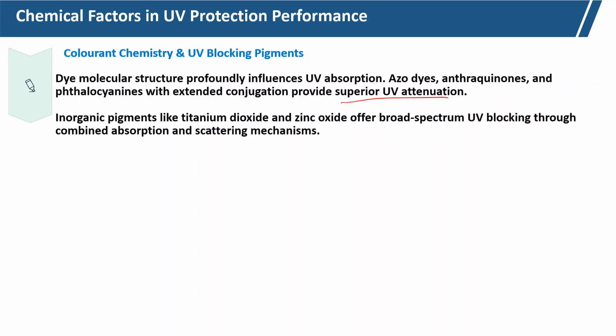So, different types of dyes will improve the UV protection, and also inorganic pigments like titanium dioxide or zinc oxide offer broad spectrum UV blocking. A wide range of wavelengths can be blocked by titanium dioxide or zinc oxide through a combined absorption and scattering mechanism.